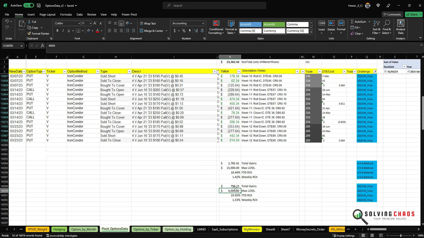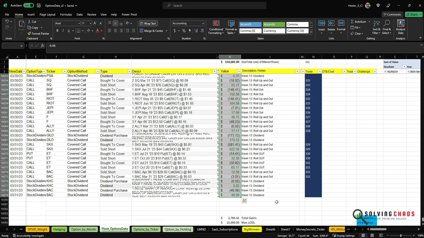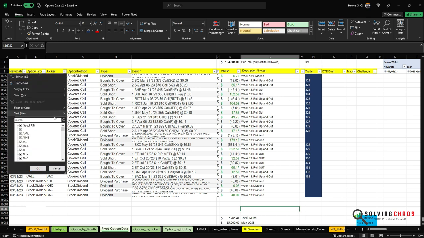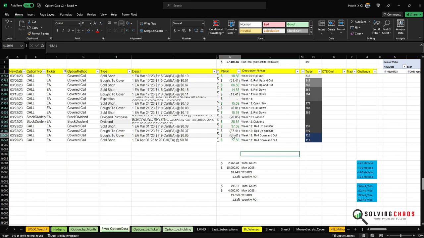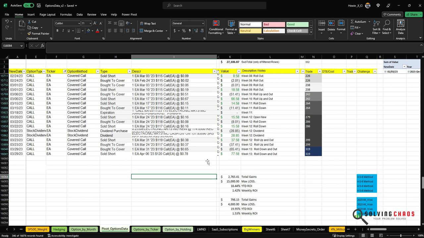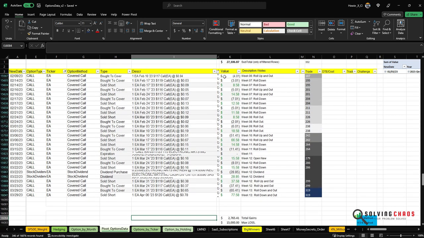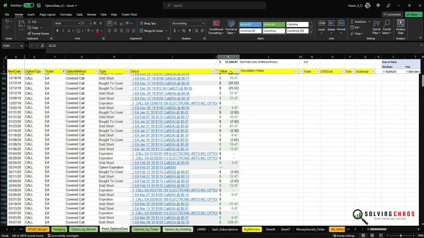Now let's get into the trades for week number 13. For week number 13, we made a little bit under $400, which is nice. Let's put a filter. Let's do EA. And this is what it looked like last week. I made 12 bucks. And then you can see how this now is adding value each week.